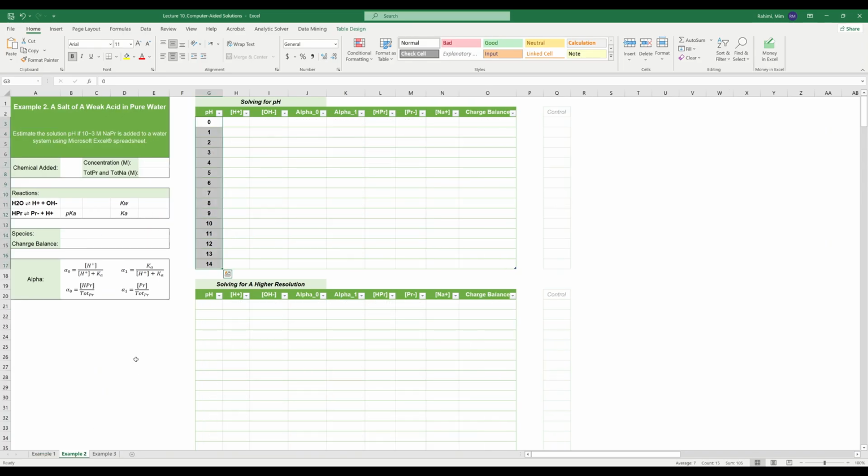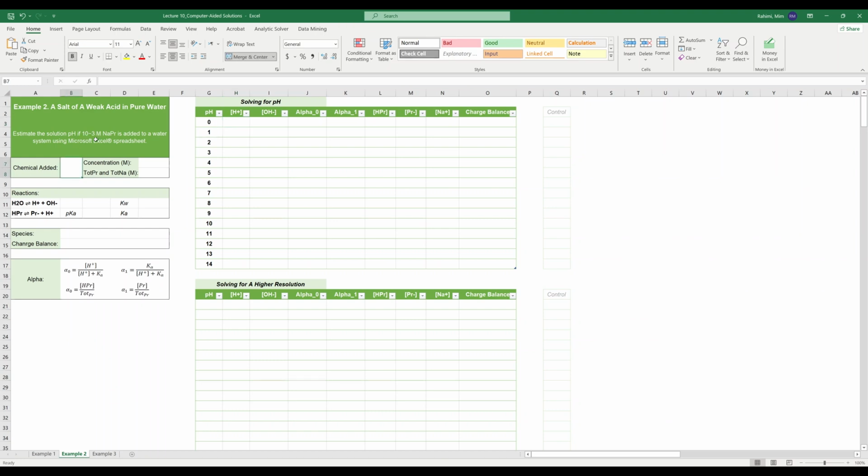On example 2, there's a minor difference: we're adding a salt of a weak acid, not the weak acid itself. In the previous case, we added 10 to the minus 3 molar of HPR, and it resulted in a solution pH of 3.95. But this time, we're adding a salt of the weak acid, in this case the sodium salt of HPR, or propionic acid.